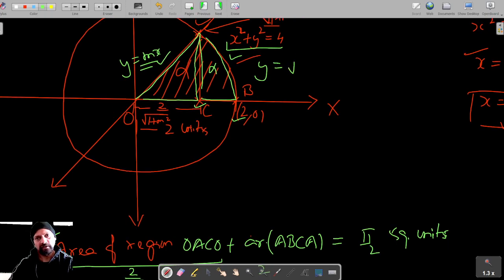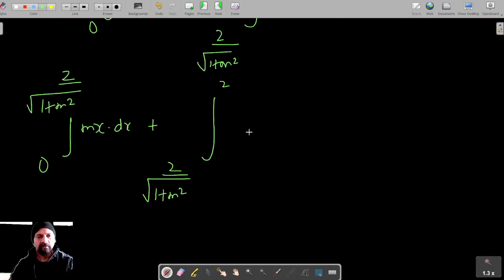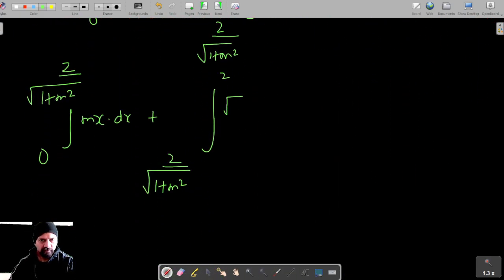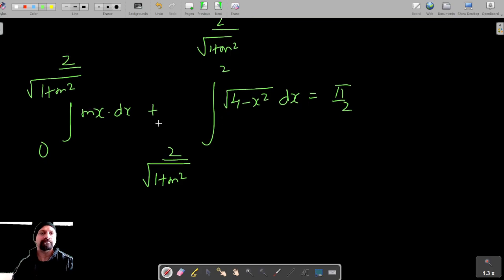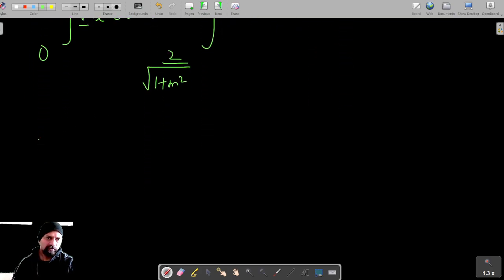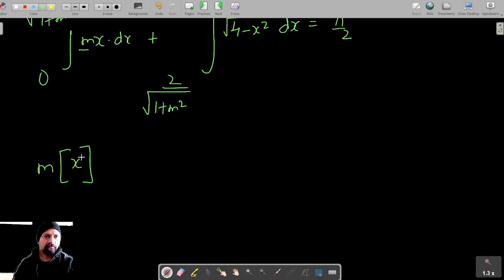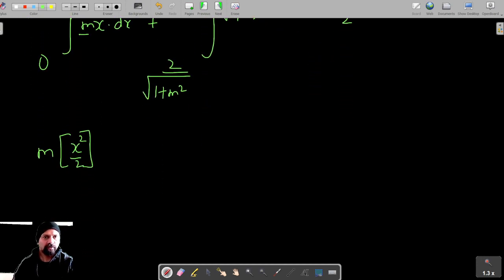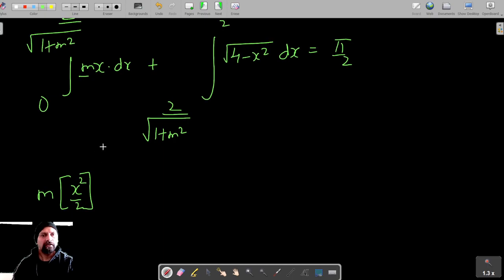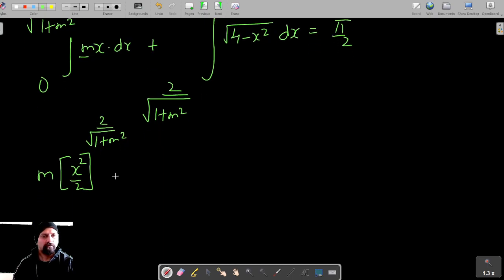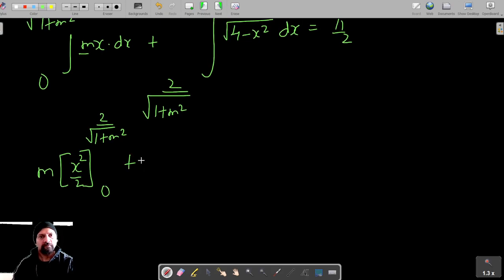From the circle's equation we get y is equal to under root of 4 minus x square, so the integral of under root 4 minus x square into dx is equal to pi by 2. Now m is constant, so it comes out, and we are left with x. The integration of x is x square by 2, with limits 2 upon under root 1 plus m square to 0, plus.